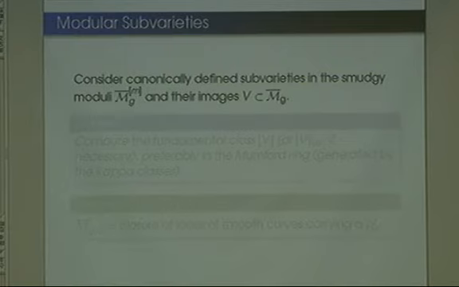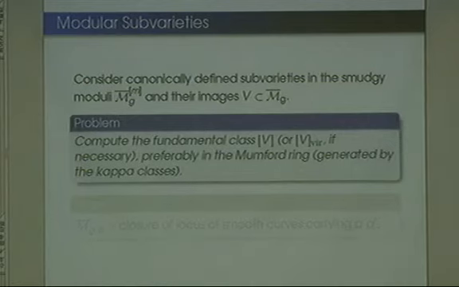So we want to consider some subvarieties of this moduli space, as well as their images down in the ordinary moduli space, and then the problem is to compute the fundamental class of, let's say, the image in the moduli space, M_g bar. Or in some cases, if it has extra large dimension, we're going to compute the virtual fundamental class.